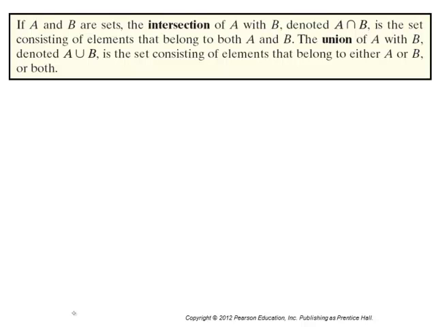Now that you have remembered what sets are, now we can talk about doing operations with sets. One of the first things that we could talk about here is taking the intersection of two sets.